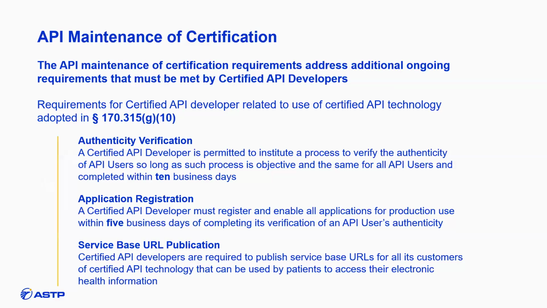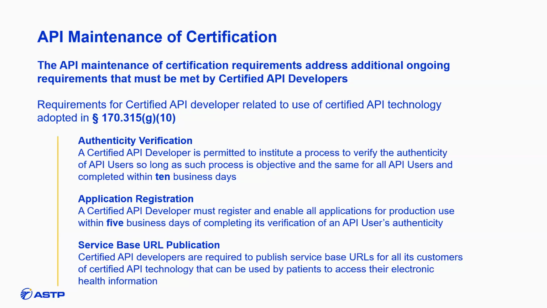And so there are more maintenance of certification requirements that are written in the reg text, as you'll see at that CFR link, but we've just included the ones that we think are relevant for the discussion today. So these include authenticity verification, application registration, and then service-based URL publication.